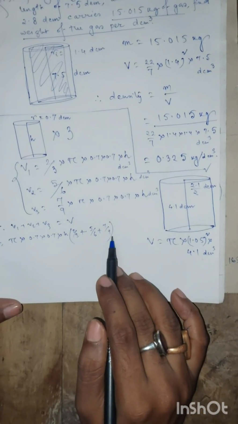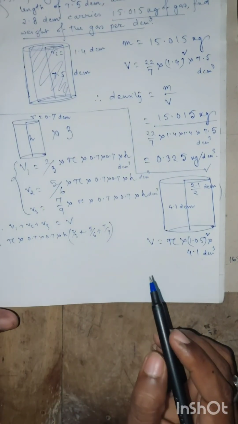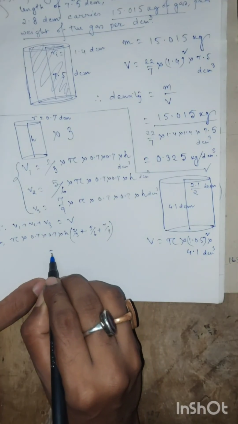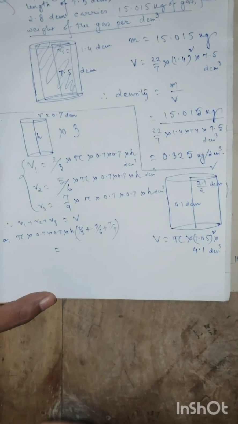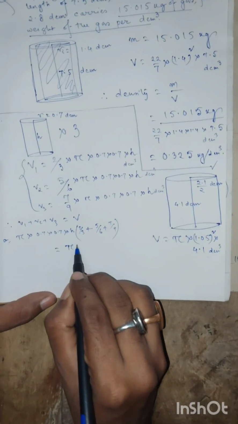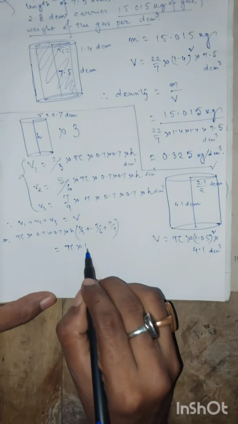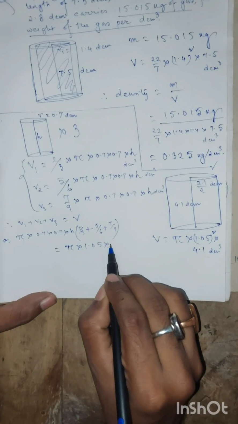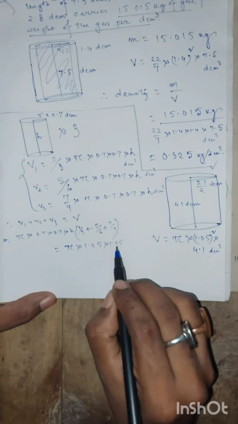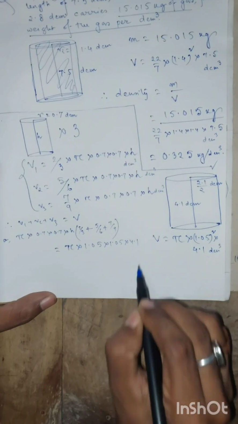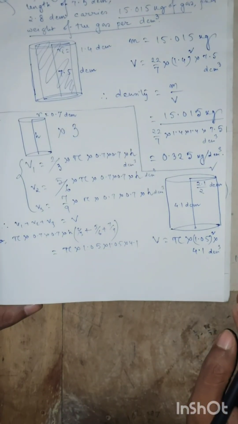This volume is equal to pi into 1.05 into 1.05 into 4.1. So this is our equation.